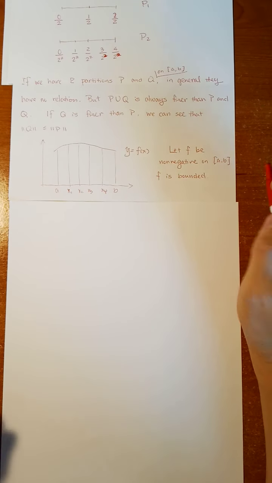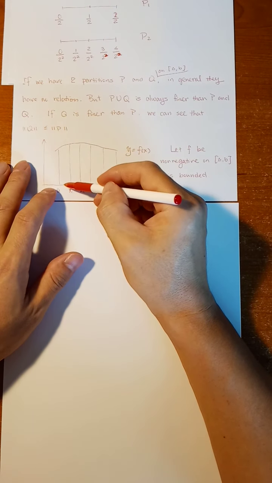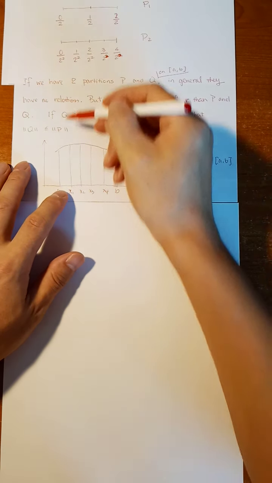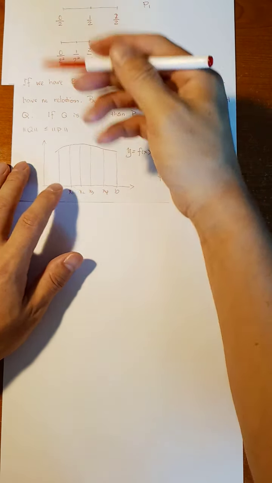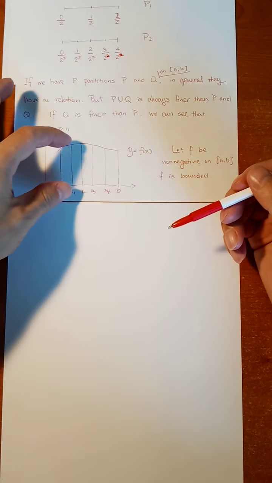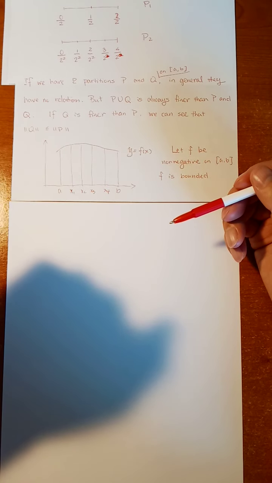Okay, the Riemann sum says when you have a partition, you pick an arbitrary sample point from each subinterval and measure the height, and then take the product, base times height, which is the area of the rectangle, and then you add them together.